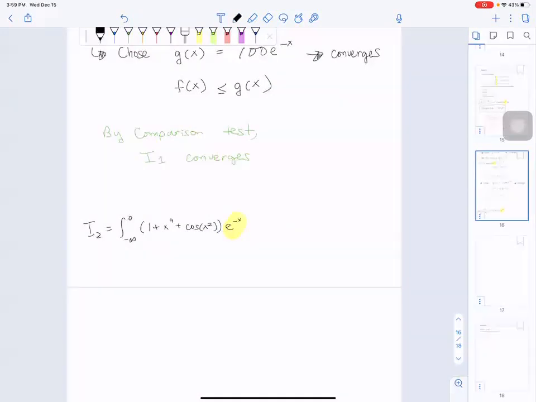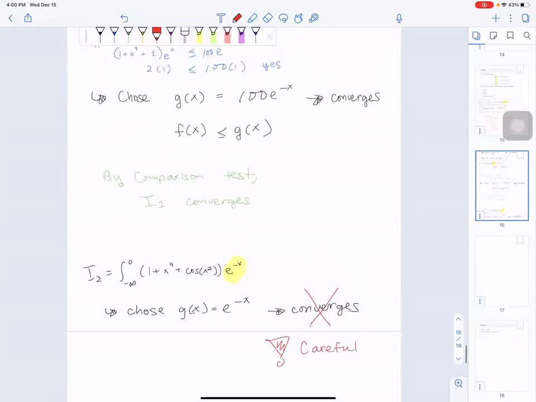So your first guess is that, okay, let's again choose g of x equals e to the negative x, and you say that it converges because of our rules that we recalled. But here you want to be careful.